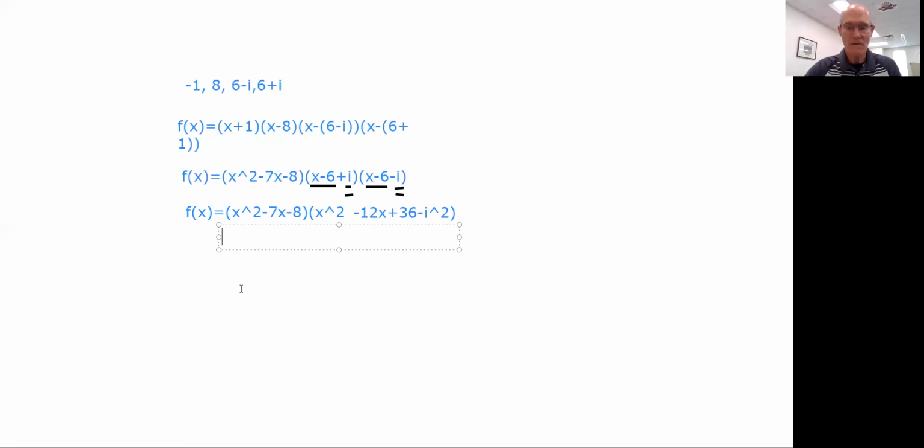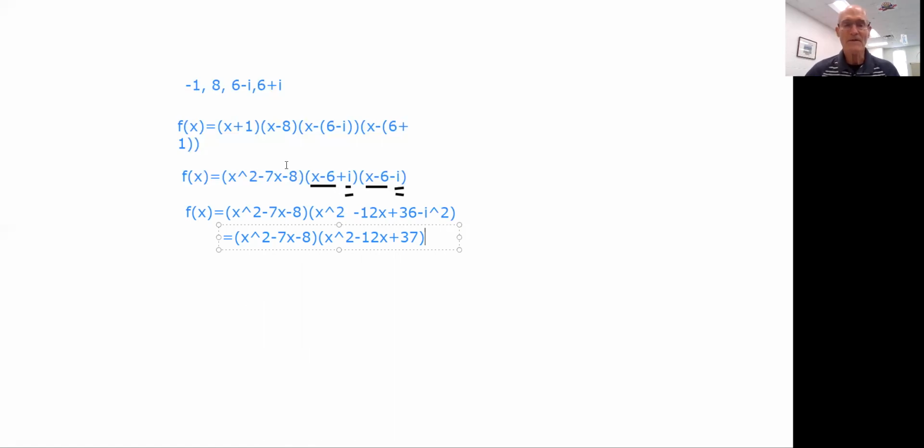So your final answer here is going to be f of x equals x squared minus 7x minus 8 times x squared minus 12x plus 37. And then you can multiply that out, but normally when we get to this point, we've basically gotten to where we need to get to.